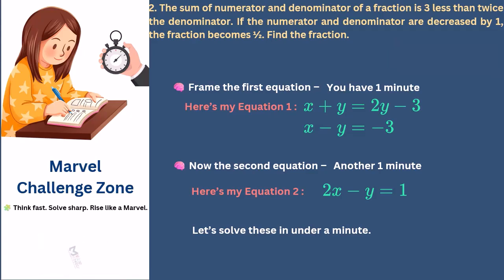Final answer, x equals 4, y equals 7. So the fraction is 4 by 7. Think fast, solve sharp. That's how a marvel solves fractions.